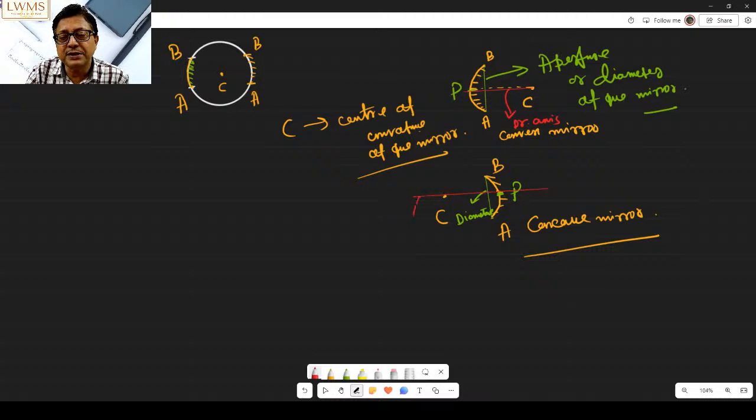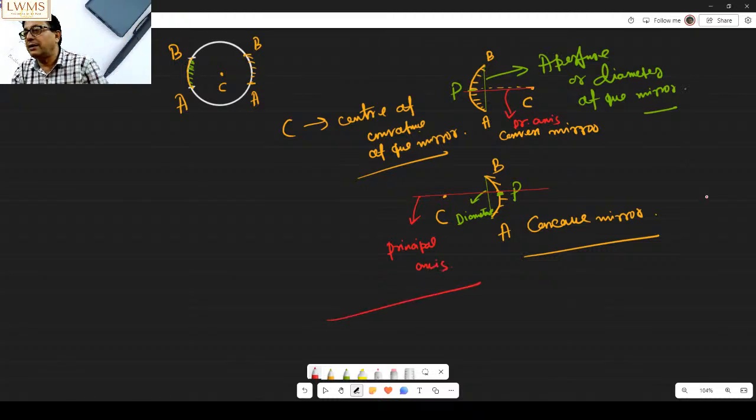So PC is said to be the principal axis. Clear? So there is no confusion in diameter, aperture, center of curvature, pole and principal axis. The principal axis is the line segment joining the center of curvature and the pole.